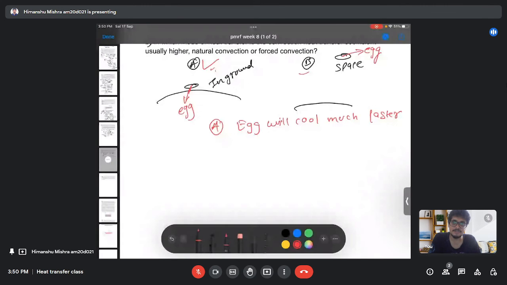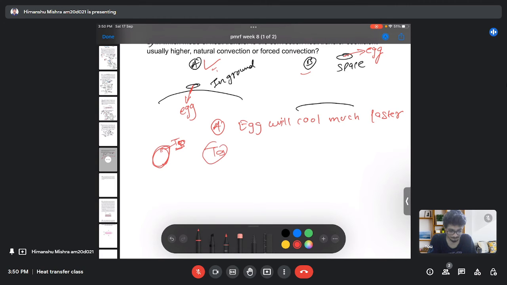We know that in free convection, gravity is important. That means there is a buoyancy which is responsible for the free convection heat transfer. So this is my egg, and my egg is at high temperature Ts, and this is my temperature far from the egg, the temperature of air.